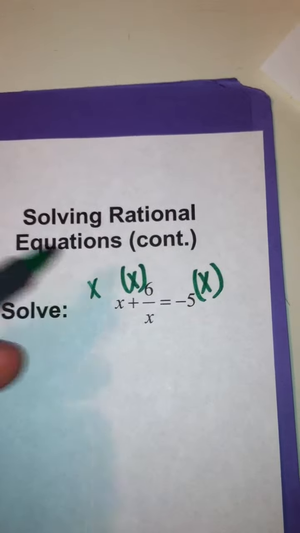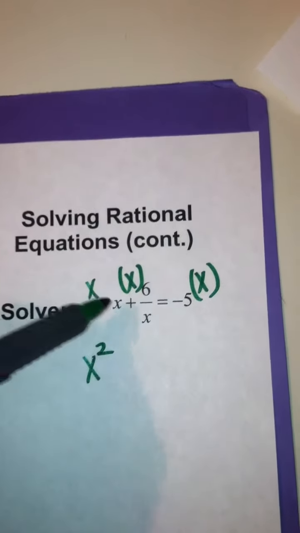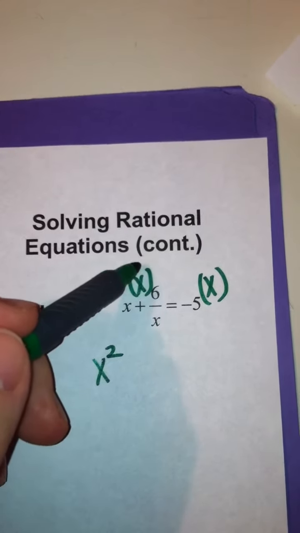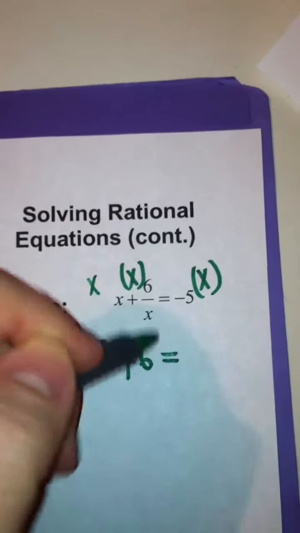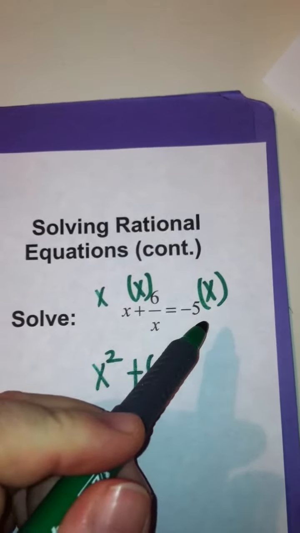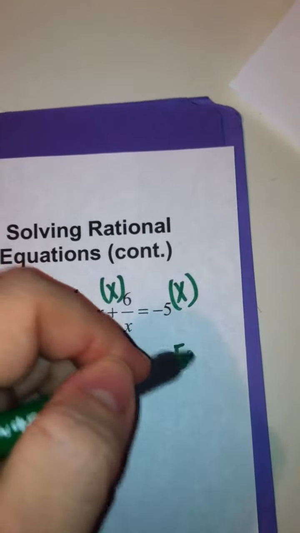Here, x times x will give us x squared. Here in the middle, the x's cancel out, leaving us with just 6. And the last part combined just to give you negative 5x.